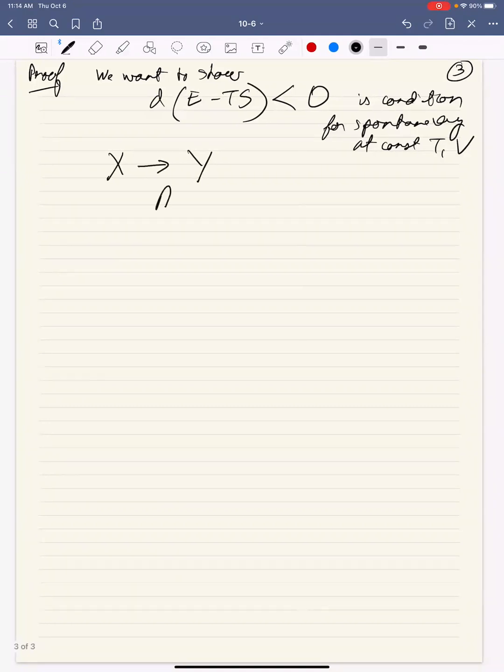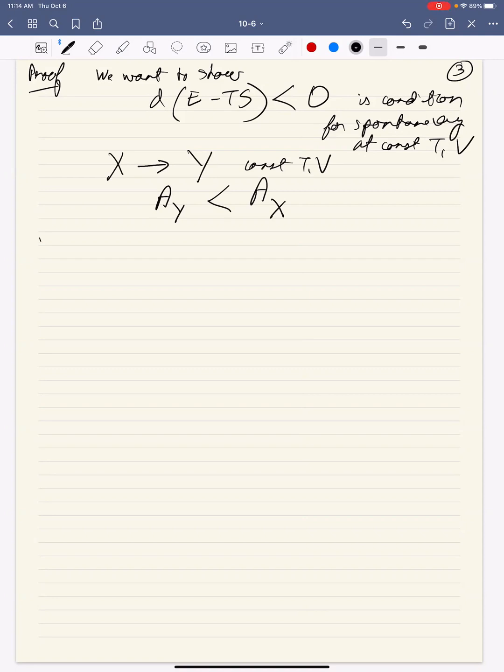So if you had a reaction, and now I can't really use the symbol A, if you had a reaction going from X to Y, and if you could calculate the Helmholtz free energy for Y, and if you could calculate the Helmholtz free energy for X, and if this reaction was happening at constant temperature and volume, which is a reaction in a closed test tube, right? So that's why it's very important. If you could calculate the Helmholtz free energy of the product and of the reactant, it will go in the direction in which the Helmholtz free energy is decreasing. Okay, let's try to prove this.